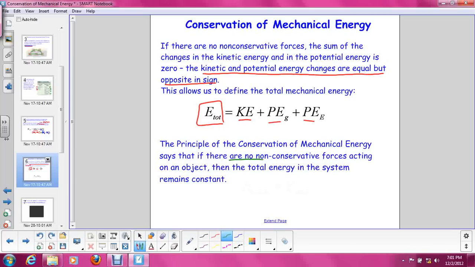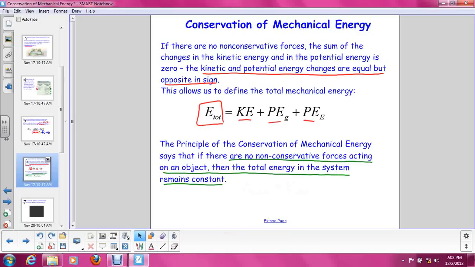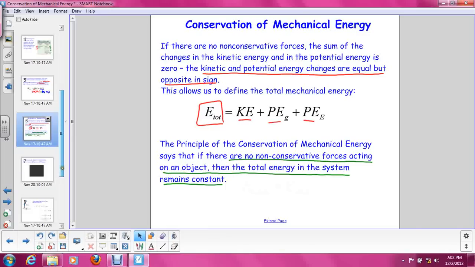If there are no non-conservative forces acting on an object, the total energy in the system remains constant. And this is a really, really important point. As long as we ignore friction and air resistance and we don't have someone pushing or pulling on something, the amount of energy in that system will stay the same. The changes in one kind of energy will be the same as the changes in another kind.